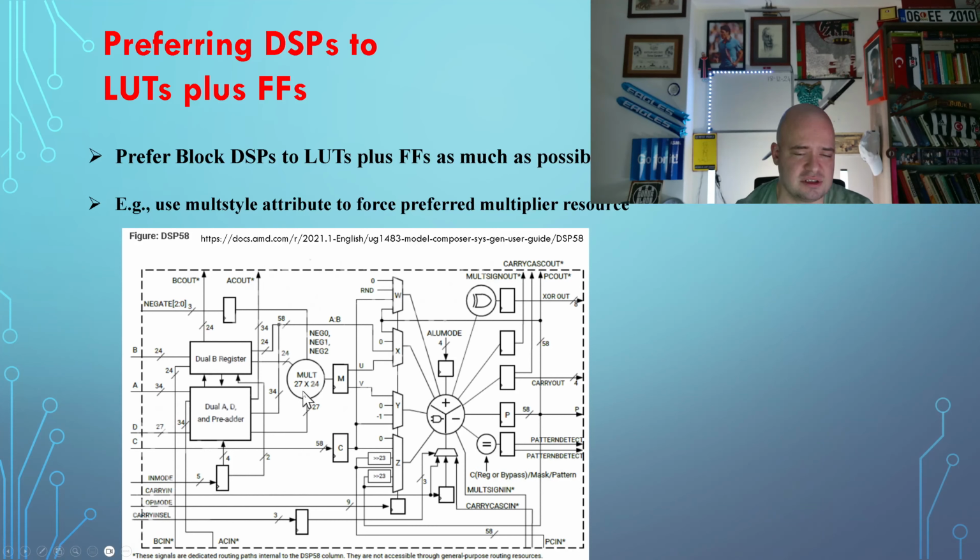Multiplier: 27 bits by 24 bits multiplication, and unlike most of the older FPGA generations' DSPs, the output is 58 bits. Previous generations were more like 48 bits.